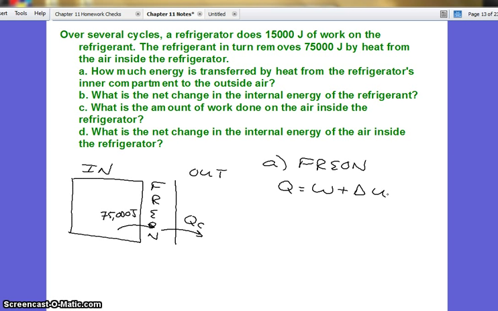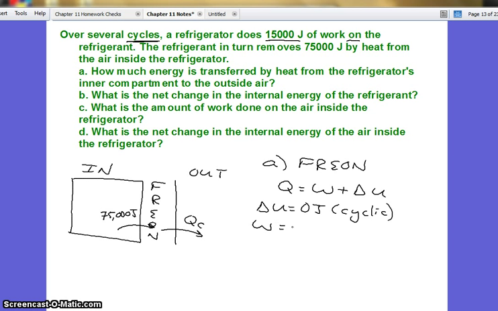When we look here, we see that it first says over several cycles. So it is a cyclic process for the Freon. And therefore, for letter A, we know that delta U is 0 joules because it is a cyclic process. Next, it says that the refrigerator does 15,000 joules of work on the Freon, on the refrigerant.